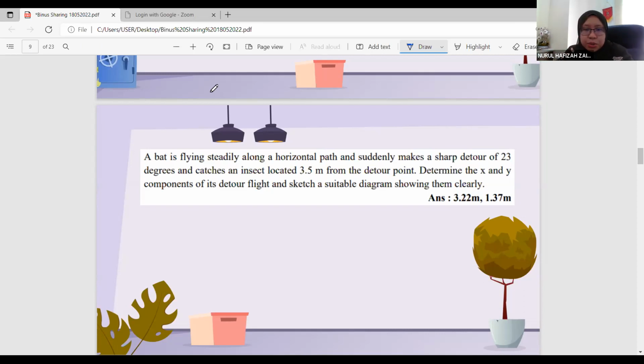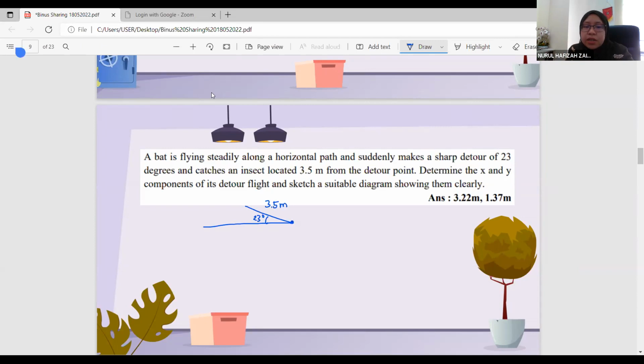This is just a short question. A bat is flying steadily along a horizontal path and suddenly makes a sharp detour of 23 degrees. So 23 degrees is less than 90, right? So it's maybe like this, 23 degrees, and catch an insect located 3.5 meter from the detour point.